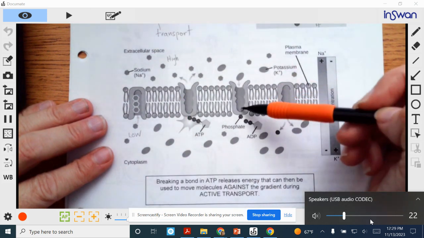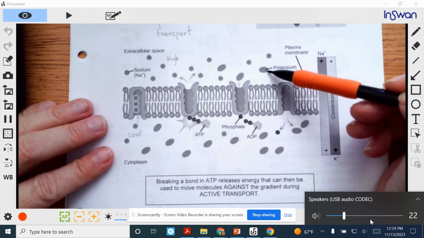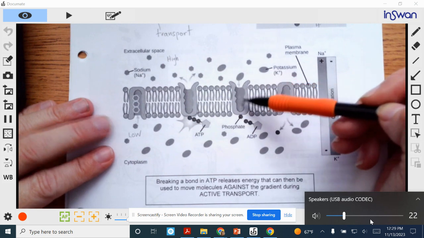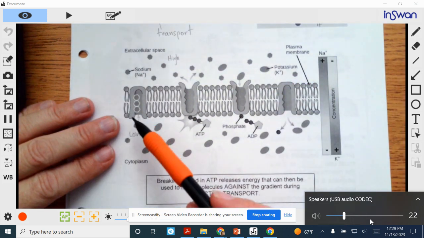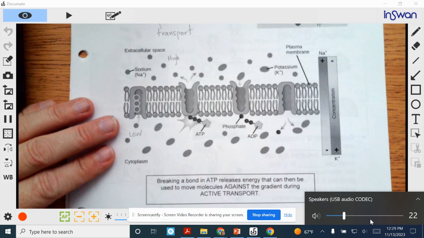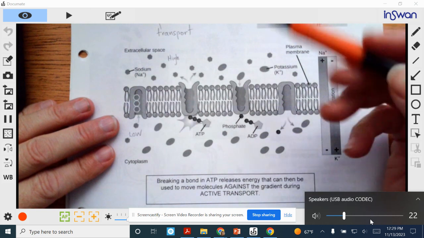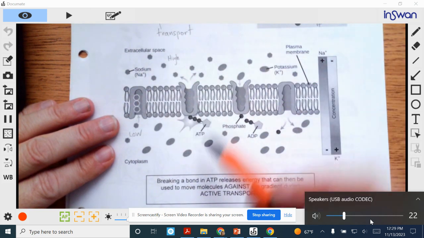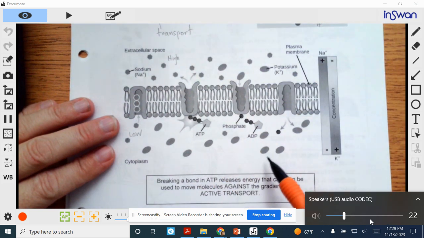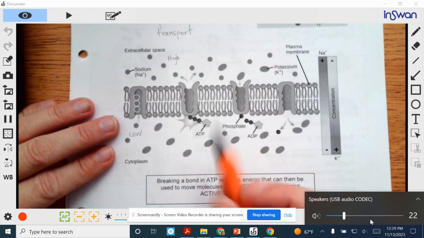At the same time that it's open here, these potassium ions can enter. So here's a situation where one transport protein is actually moving 2 different substances. This is called co-transport, by the way, when one protein can move 2 different substances. And if you look inside, it looks like we have a high concentration of those potassium molecules.